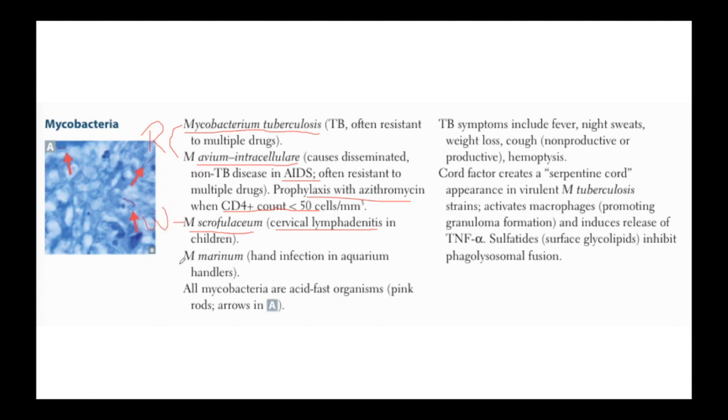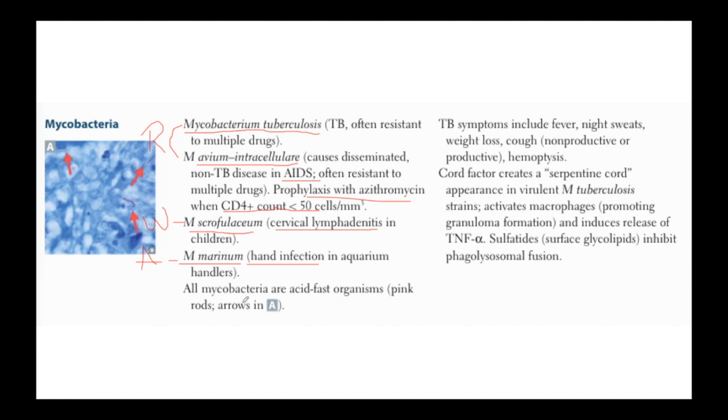And then you have Mycobacterium marinum, known for causing hand infections or soft tissue infections in aquarium handlers. So this is also known as fish tank granulomas. That's important to know. And this occurs if there are abrasions on the aquarium handler's hands. They can get infected with that.